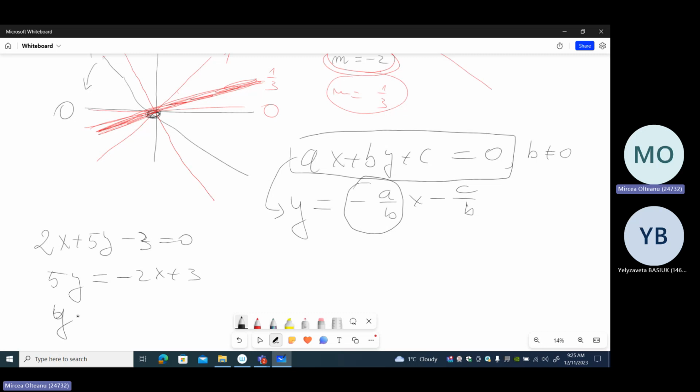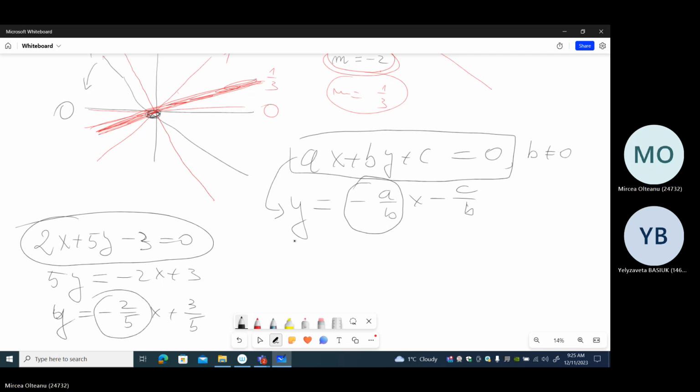So y will be minus 2 over 5 x plus 3 over 5. So the slope of this straight line is minus 2 over 5. Okay, if it is clear until now. So we have a very simple way to find the slope of a straight line as long as we know its equation.